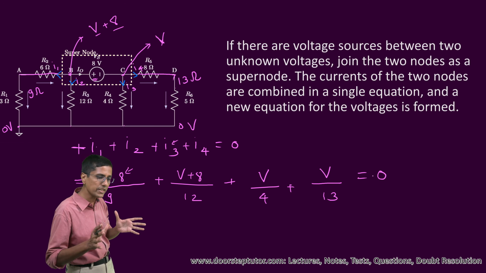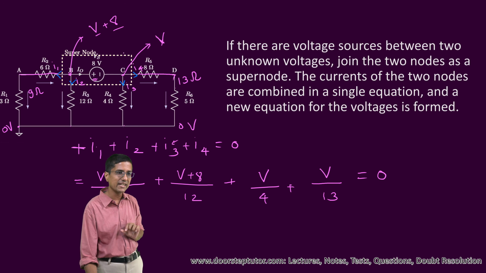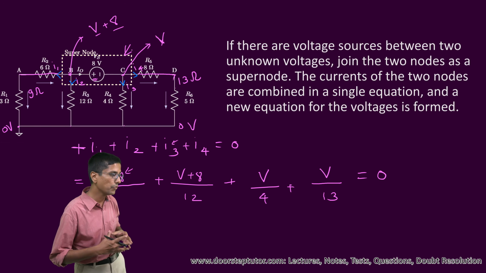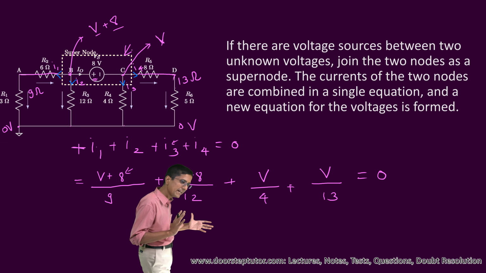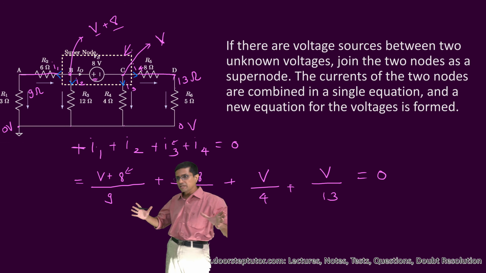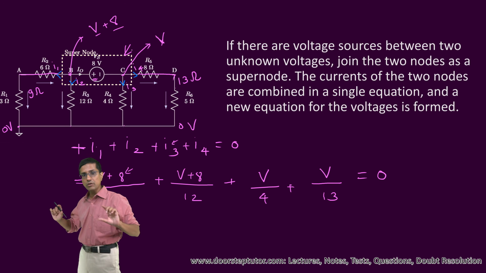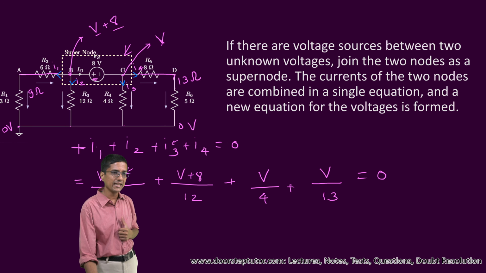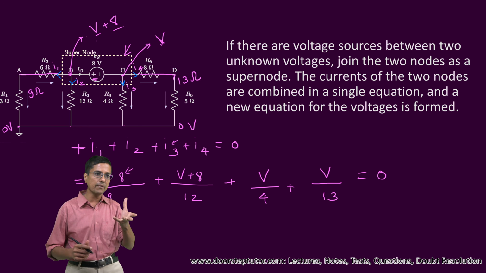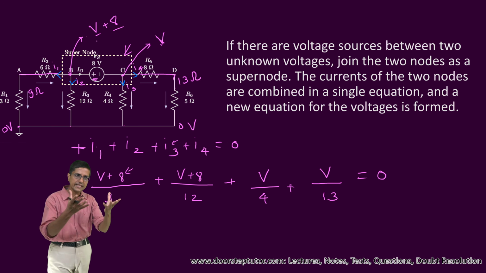Now this was only for the purpose of illustrating how we apply the nodal voltages method when we have a battery and both the terminals of the battery have unknown voltages. That was the thing to really understand. I assign the voltage at one of the terminals, the negative terminal, as V. The voltage at the positive terminal will become V plus, in this case, 8.